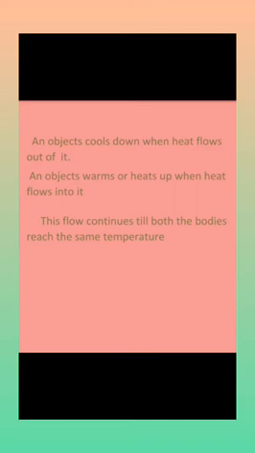An object cools down when heat flows out of it. An object warms or heats up when heat flows into it. This flow continues till both the bodies reach the same temperature.